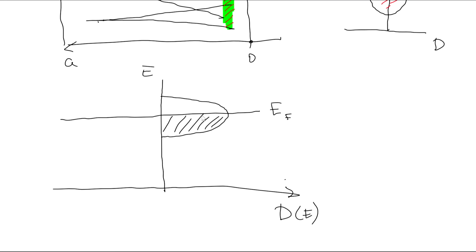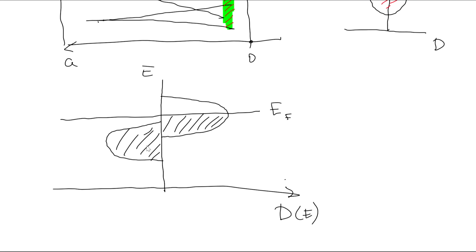Now it turns out that because of this exchange interaction, you might have spin up and spin down states misaligned. So this state would be completely full, while this state would be half full or partially full.